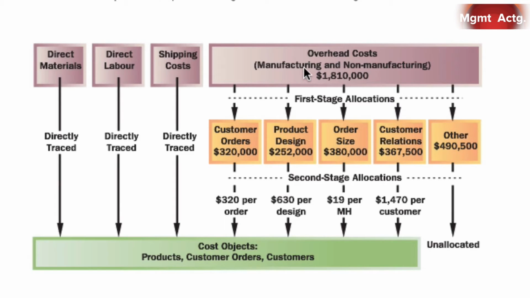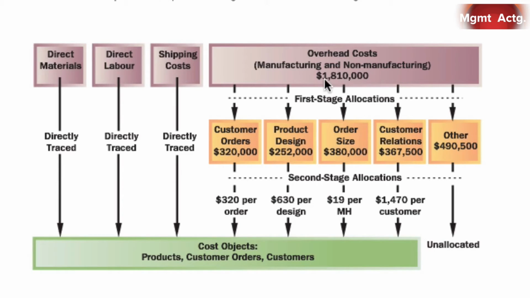But then we have overhead costs, which are not traceable to any one product. ABC uses both manufacturing and non-manufacturing overhead costs and then identifies activities that relate to building a product, satisfying a customer order, or servicing a customer. And we have customer orders, product design, order size, and customer relations.